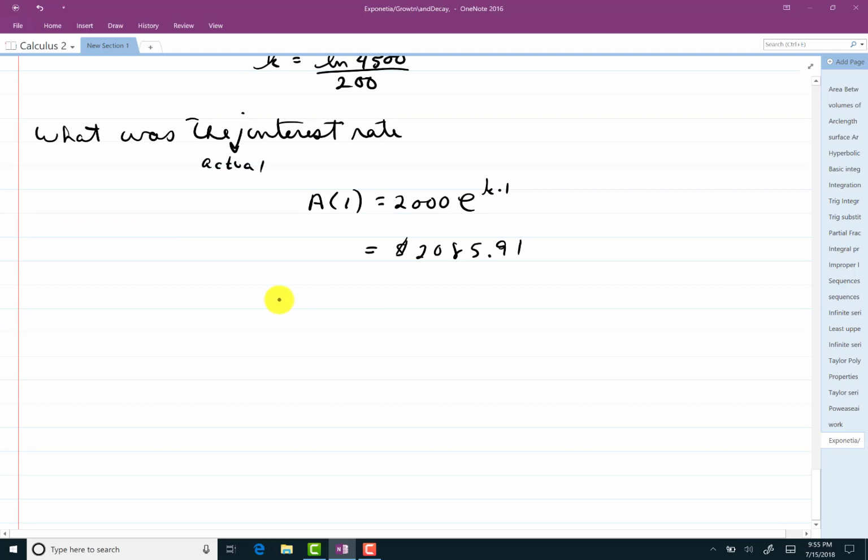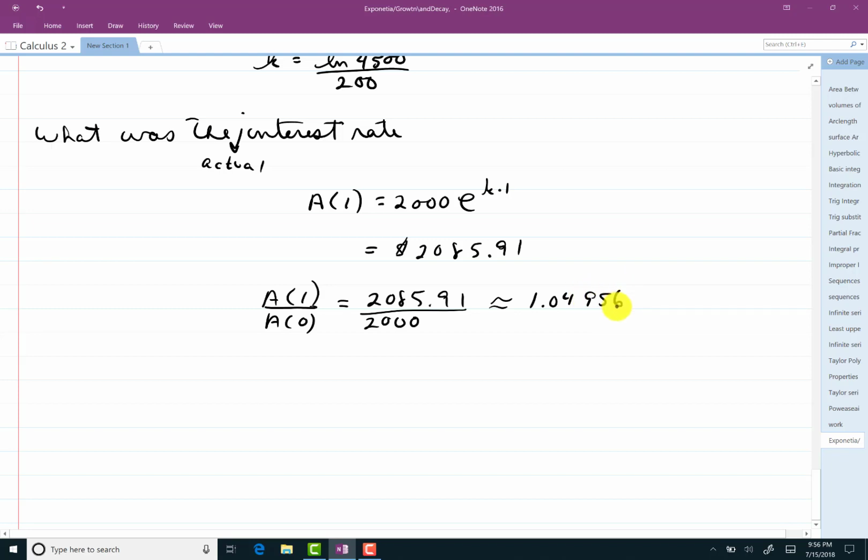Now, how do I figure out what the interest rate was? Well, it's easy. Because it's the same interest rate from year to year, I could do year 1 versus year 0. In other words, 2085.91 divided by 2,000. And if I stop the decimal places at 6 digits, I get 1.042956.